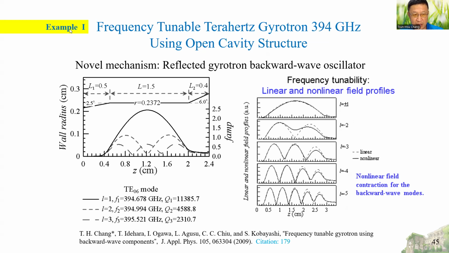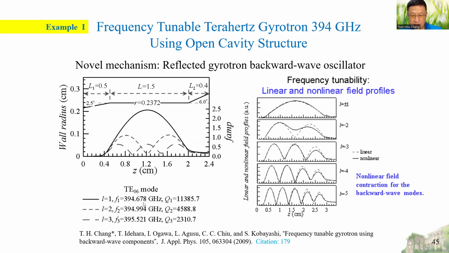An example; let me give you two examples. The first example is a frequency tunable terahertz gyratron at 394 gigahertz using an open cavity structure. Okay, this is the cavity. It has a taper, not a sharp cutoff, and another taper. So first axial mode, second axial mode, third axial mode, and we obtained them.